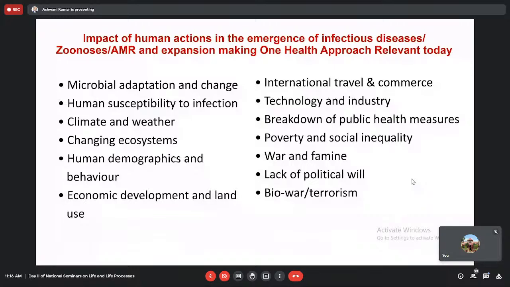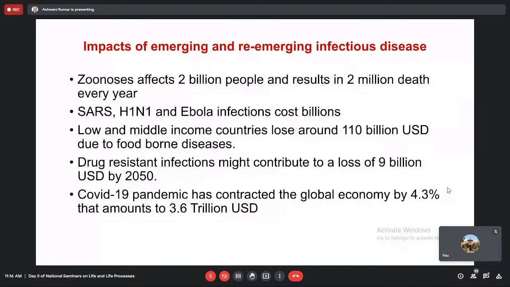So how does this impact the world? Zoonosis affects 2 billion people in the world and results in 2 million deaths annually, which is a very large number, as we can see. SARS, H1N1, Ebola infections cost billions to the world economy. Low and middle income countries suffered a lot, about $110 billion due to foodborne infections every year.